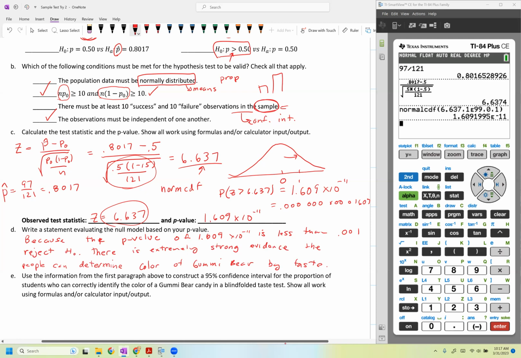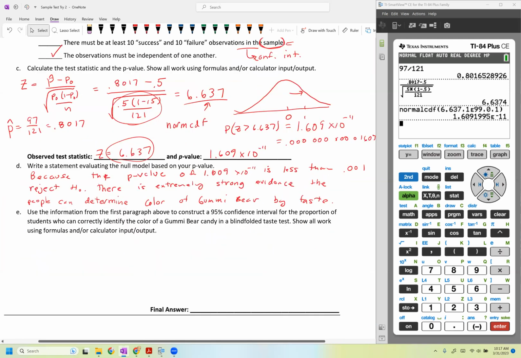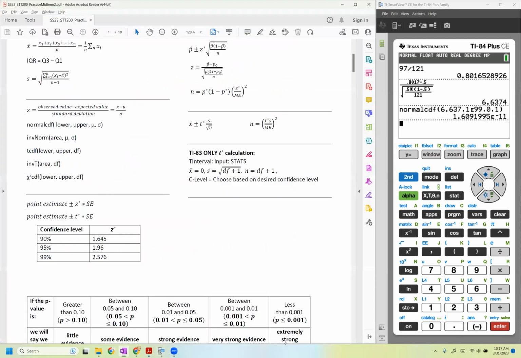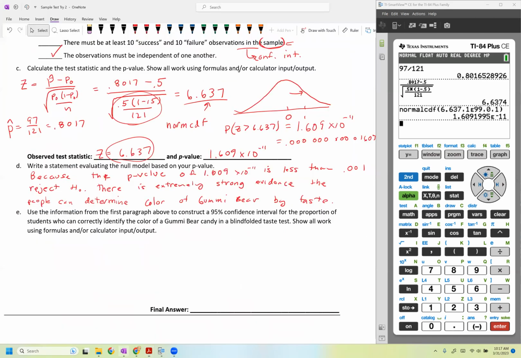All right, now this next part, let's find the 95% confidence interval. Again, your instructor has given you the formula for the confidence interval. It's right here: p-hat plus or minus z-star times the square root of p-hat times 1 minus p-hat over n.